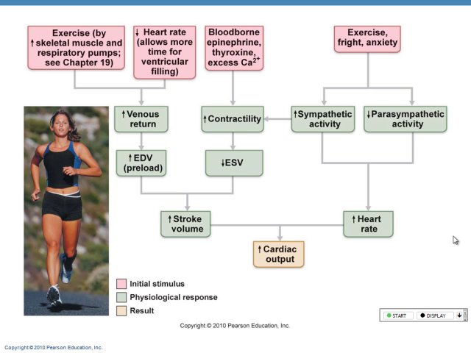If I increase the number of beats per minute, I'm going to increase what? Cardiac output. That's if stroke volume stays fairly consistent as well. Okay? So these are some of the different things that can affect cardiac output. Are we good? All right, that's it for chapter 18.